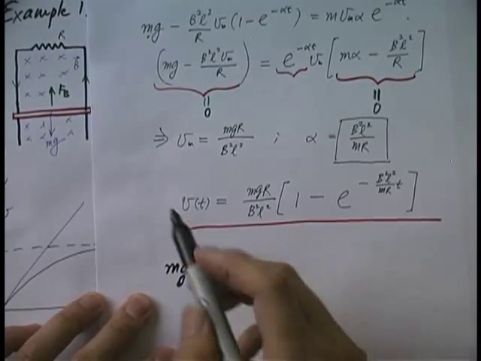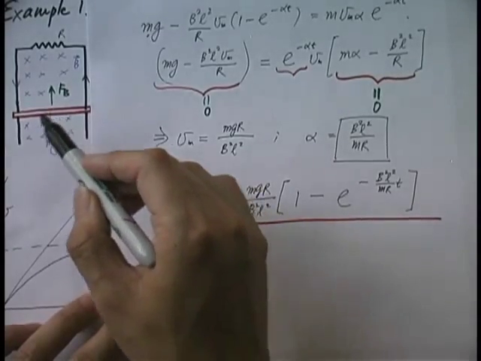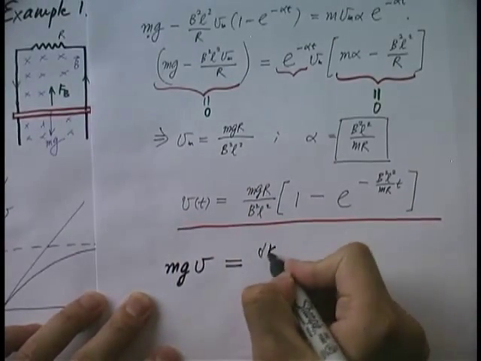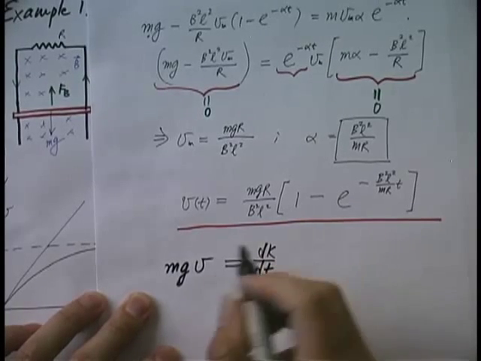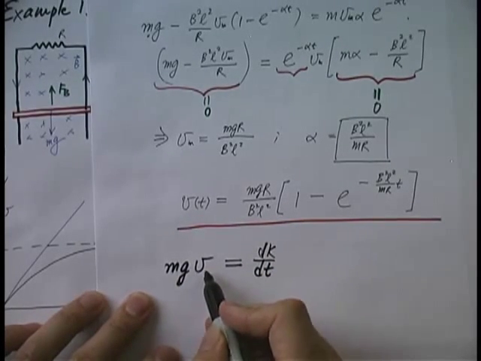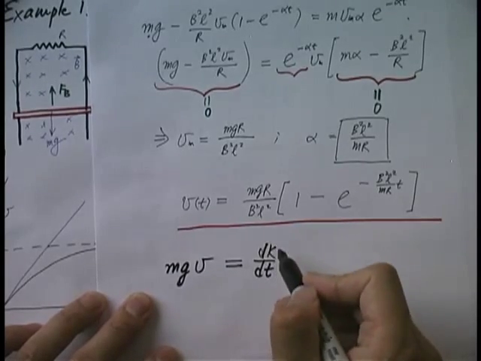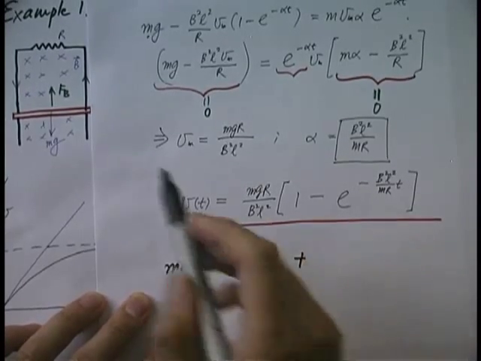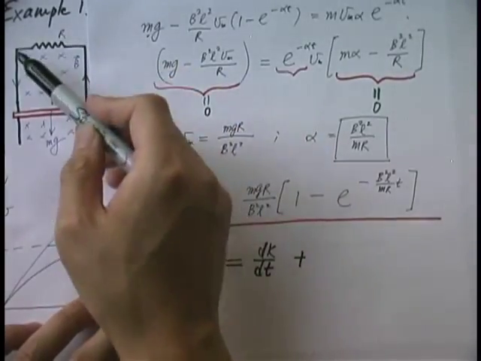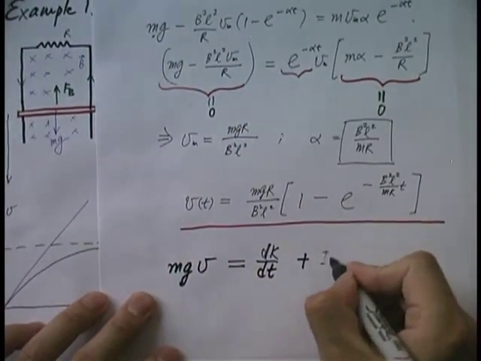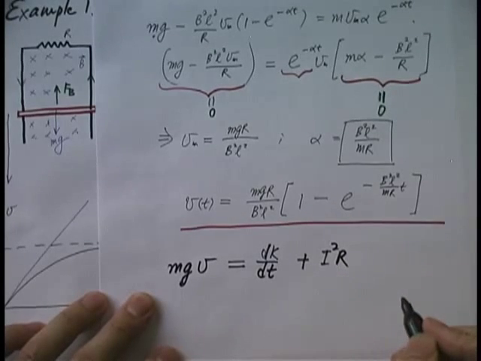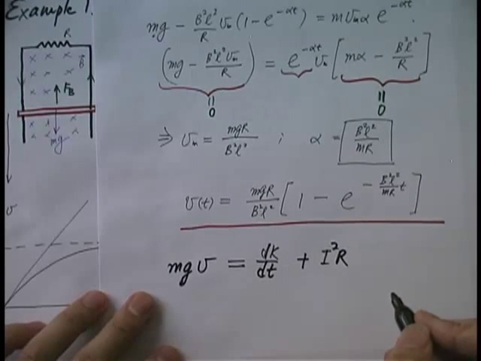One of which is to increase the kinetic energy at a certain rate, dK/dt. The work delivered per unit time, that's power, should become dK/dt, and the other part should be the power dissipated on the resistor, I squared times R. That is the requirement for the conservation of energy.